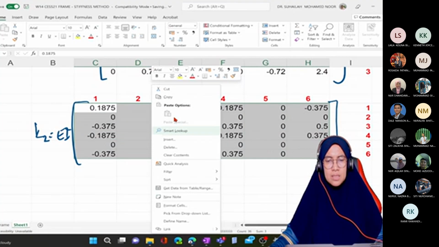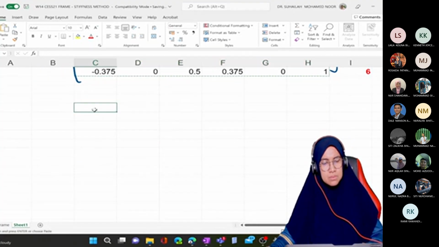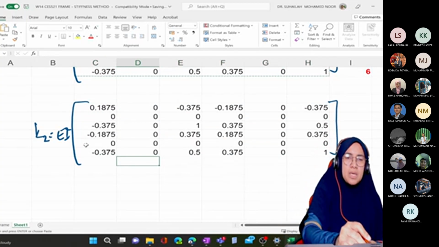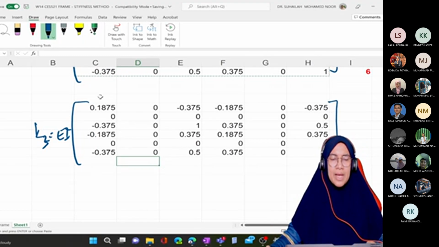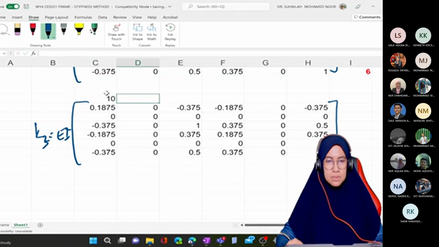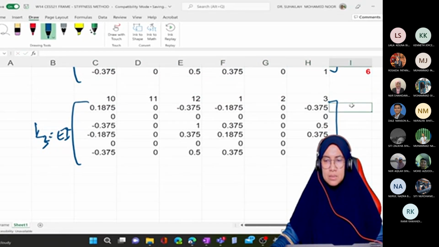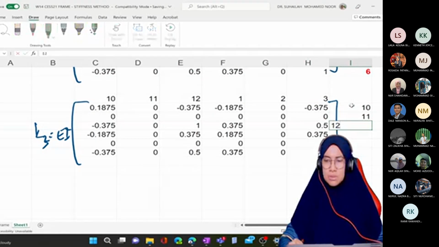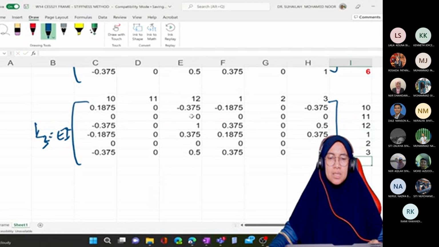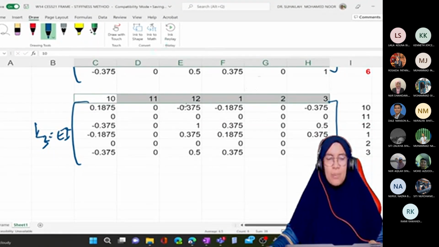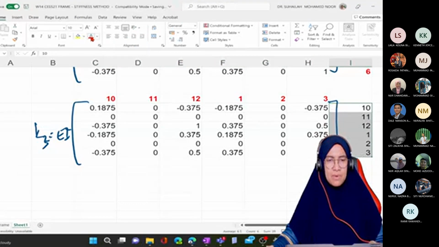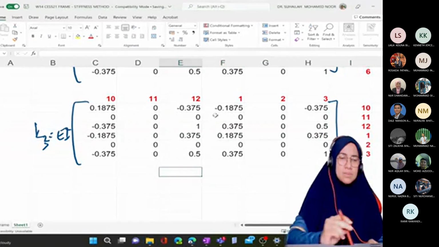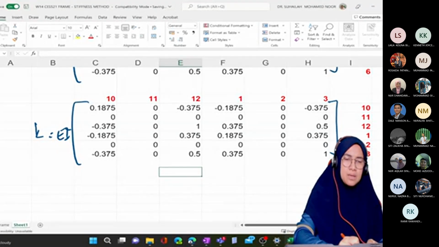So it is actually the same. So this will be K3, but we label as 10, 11, 12, 1, 2, 3. Label degrees of freedom from near to far. This is K3.